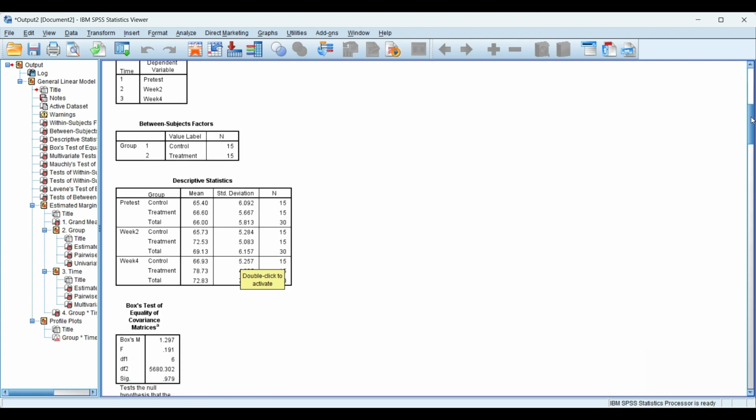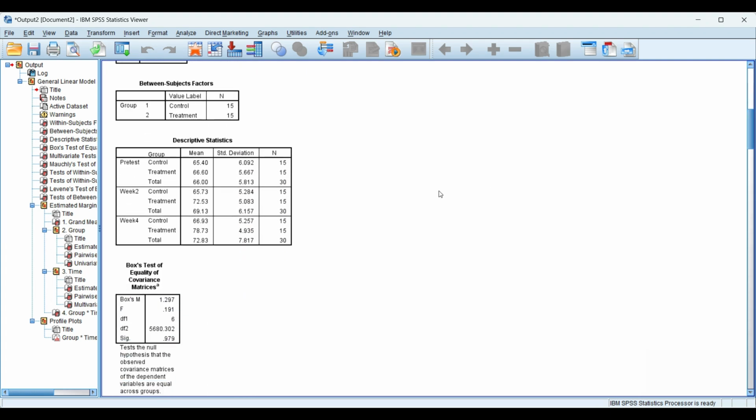So we come to the next, descriptive statistics, and we can see that the mean of the control group in pre-test was 65.4, and on the other hand you can see the mean for treatment was 66.60, which is higher than the control group in pre-test.